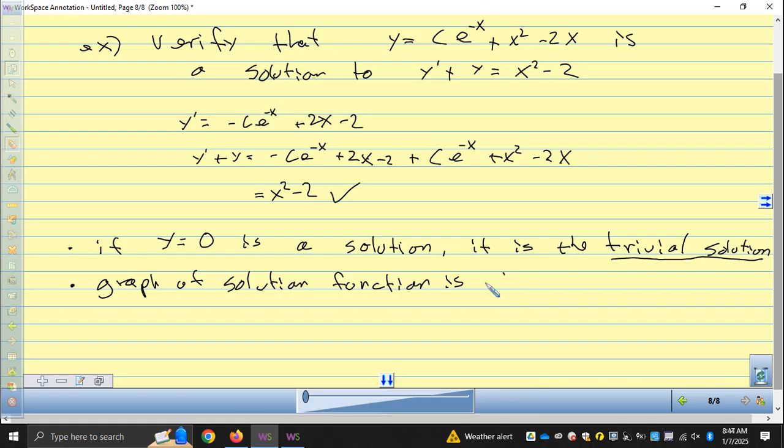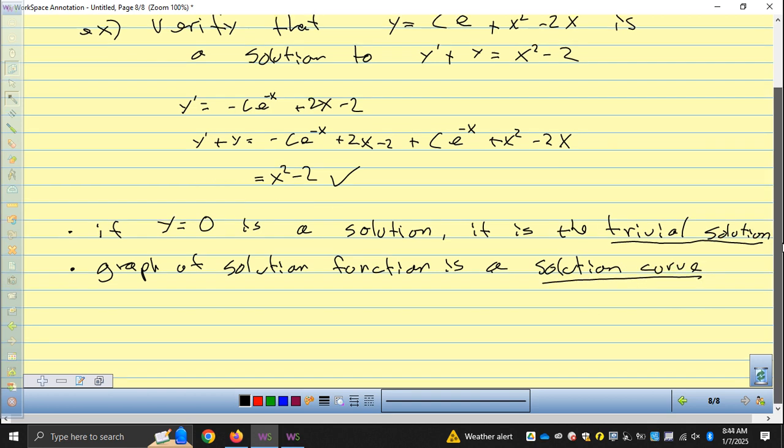I'm going to say this is a solution curve. And just so we know, this first section is very heavy on a lot of terminology, a lot of definitions. It's not like that in every section.